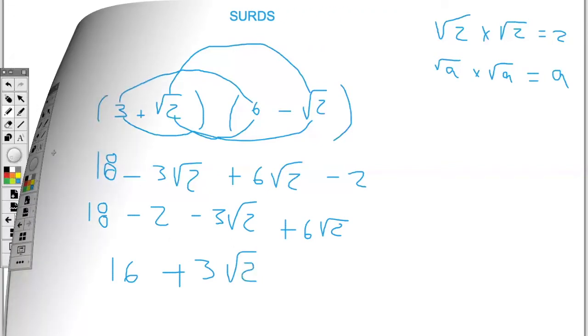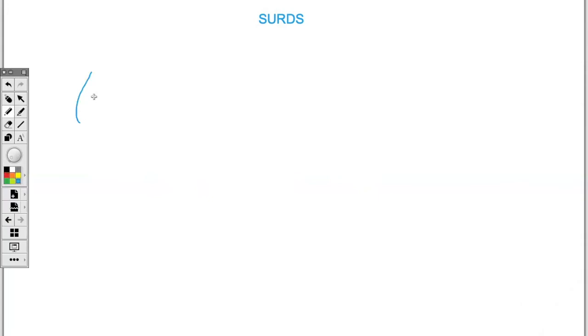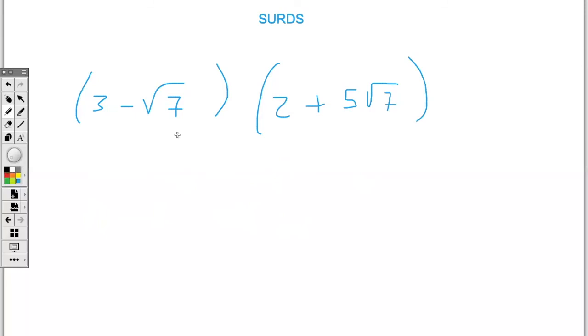And here you go. If we have 3 minus root 7 and 2 plus 5 root 7. Again, we're going to say 3 times 2, that gives us 6.